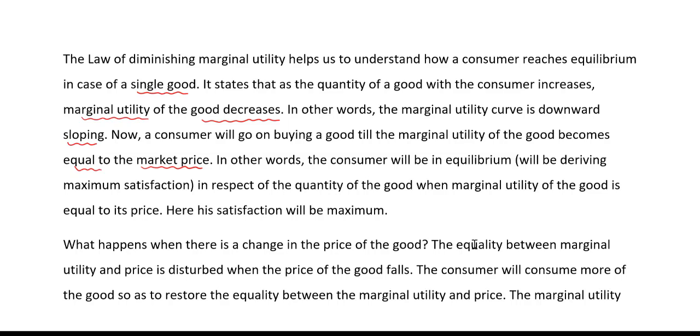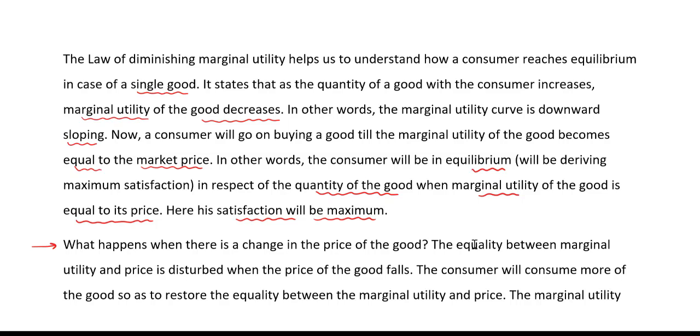If the marginal utility is less than the market price, the consumer will not buy the product. In other words, the consumer will be in equilibrium in respect of the quantity of the good when the marginal utility of the good equals the price. Here the satisfaction level will be the maximum.